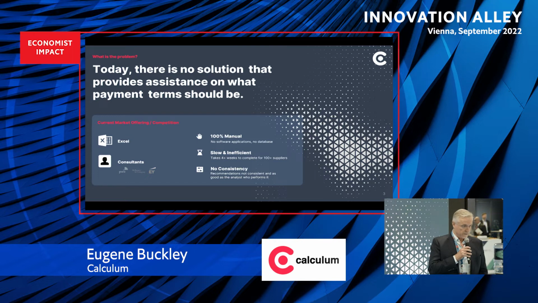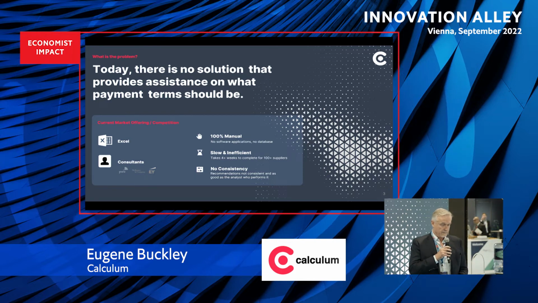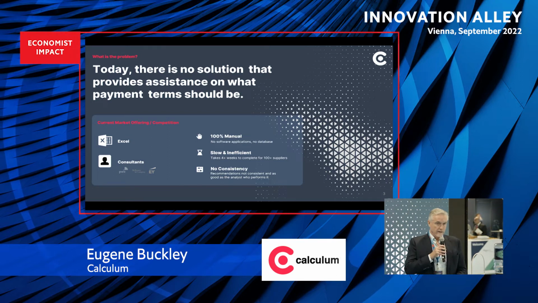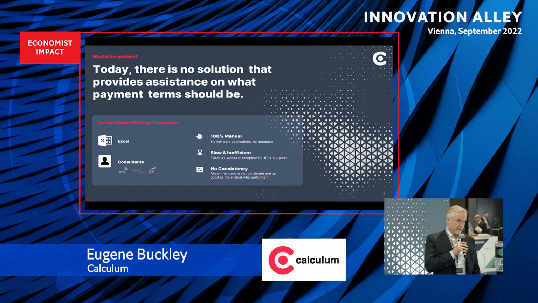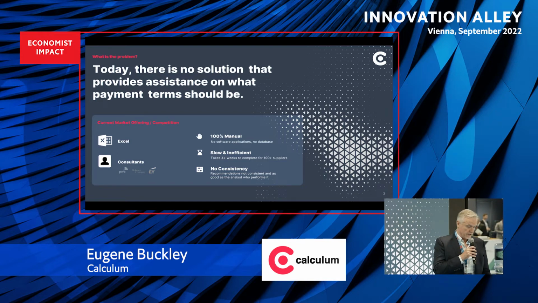So what Calculum has built is the ability for you to upload and ingest your entire supply spend, be it 500 suppliers or 50,000 suppliers, and we have analysed that many, to get an understanding of what I can achieve with working capital across the entire globe and across my entire supply chain.